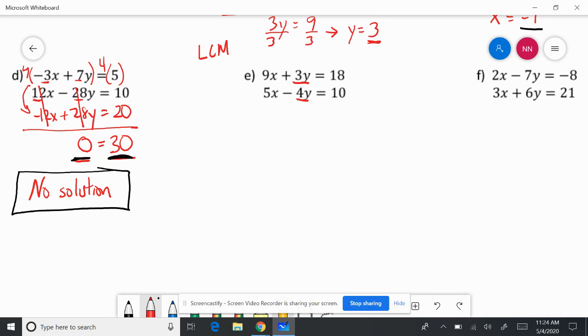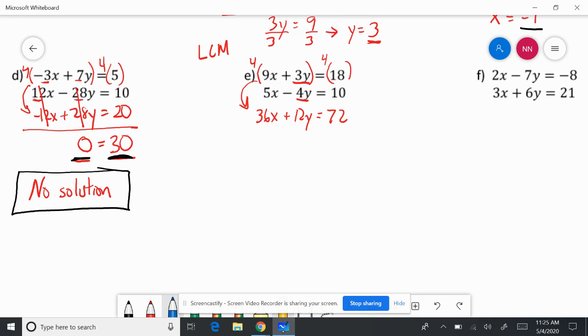That number would be 12. So I'm going to multiply my top equation by 4. And when I multiply it by 4, I get 36x plus 12y equals 72.